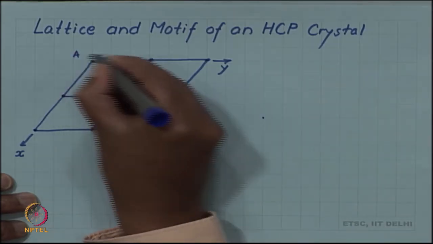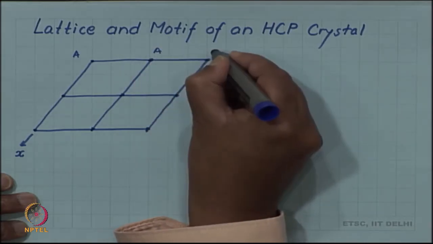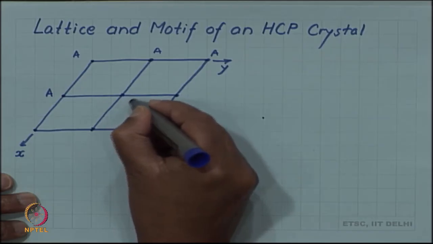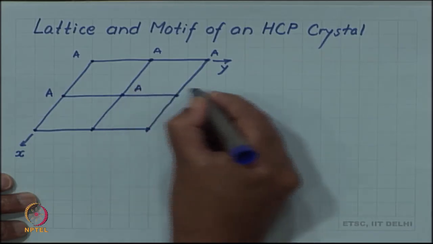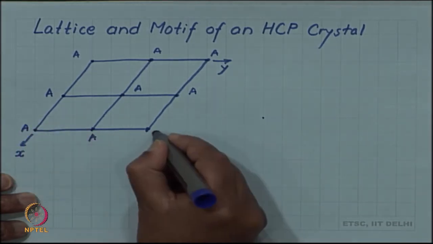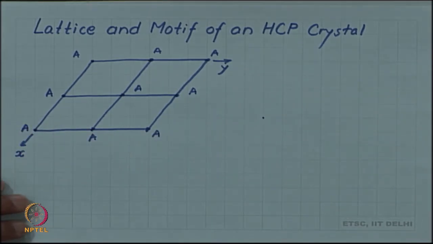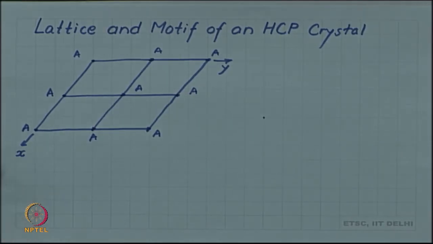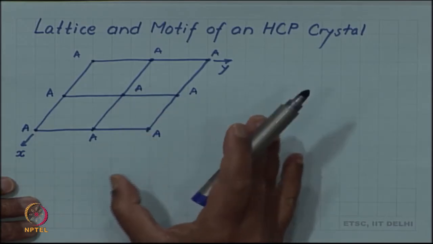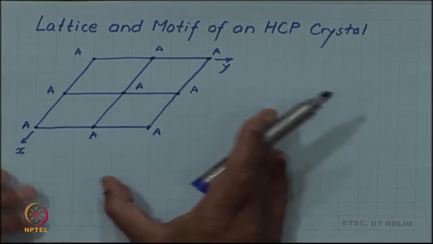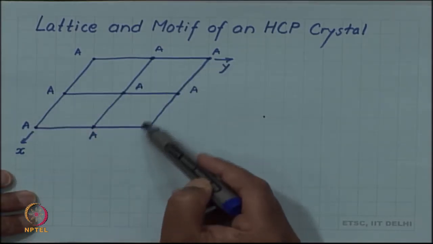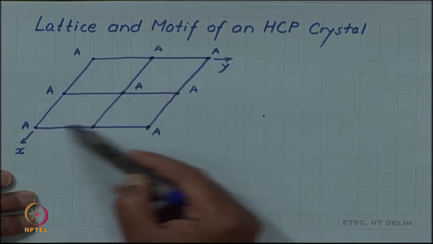So, these are all A locations, and I mark them as A. What we have now is the projection of the lattice points in the crystal on one of the planes, the basal plane of the crystal structure.